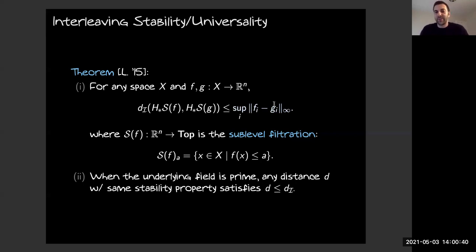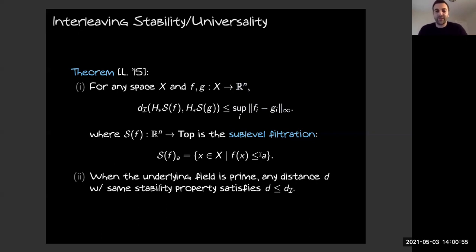So the way that we're defining this distance on the functions is we just take the sup norm on each of the components and then take the supremum over all component functions. This is a natural way to extend a sup norm to Rn valued functions.